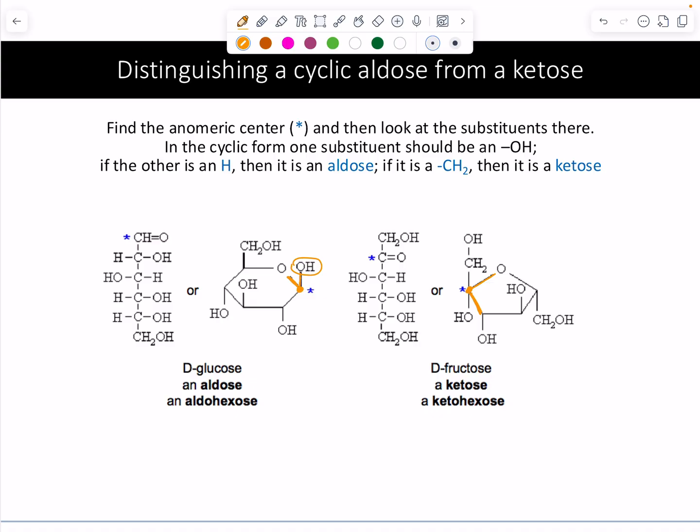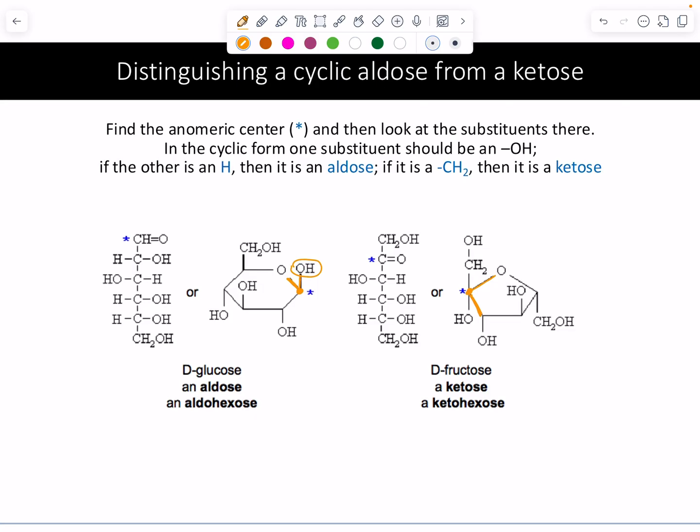Whereas with a ketose, you're still going to have that hydroxyl, but you're also going to have a CH2OH group, because that was attached to the carbon. So this becomes the hydroxyl, and this guy becomes the ring oxygen.